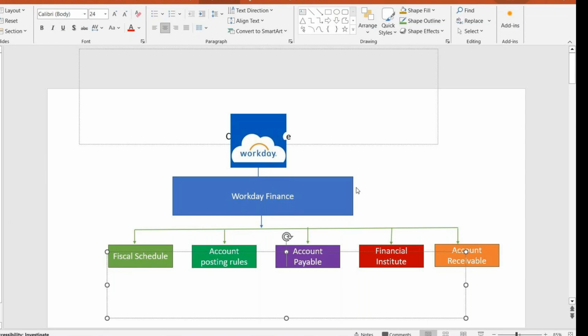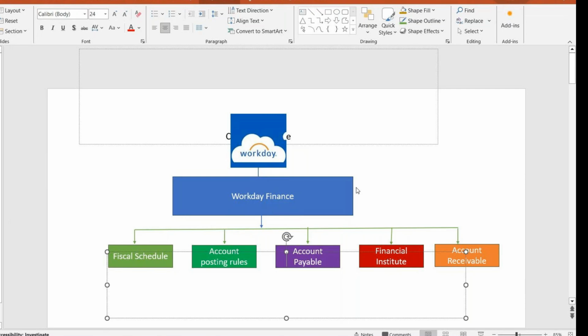Why supervisor organization? We will be hiring an employee into the supervisor organization, and we'll be putting his details in the organization. So whenever you are recruiting an employee, we will be appointing him under the supervisor organization. So that is about HCM.